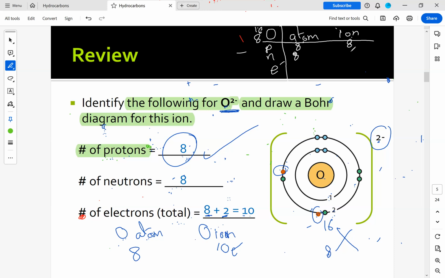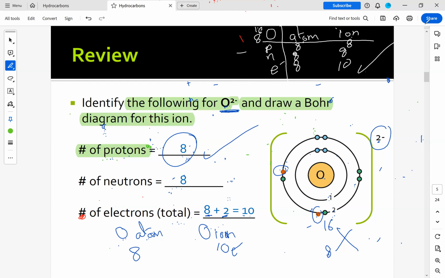Also 8. Yes. And for the electrons, how many electrons does the oxygen atom have? 8. And the ion? Safa? 10. Very good.